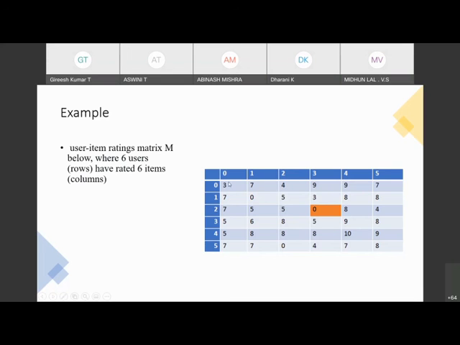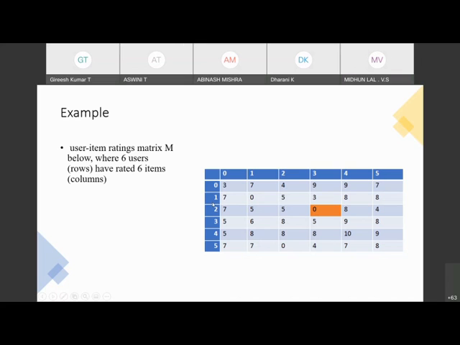Assume a scale of 10, where 0 means dislike and 10 means most liking. User 0 has given these items 3, 7, 4, 9, and 5, like stars or whatever it may be.